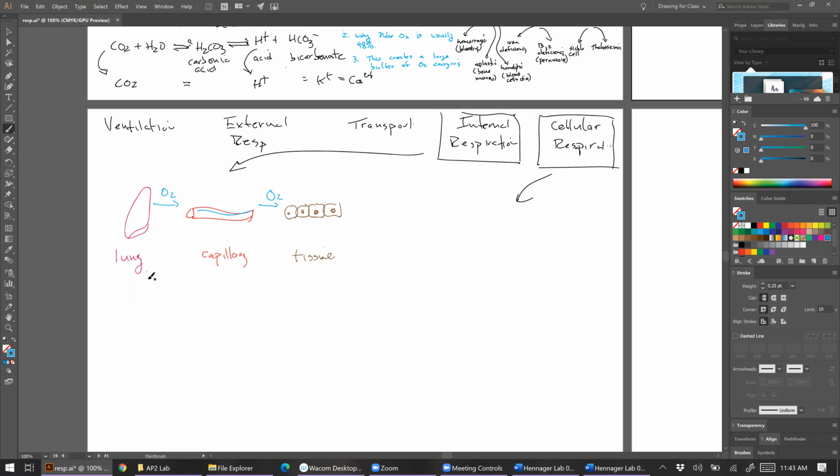We've already done this one, but again, students just get it confused sometimes because they think external means breathing out and internal means breathing in, but this is external. So from the lungs into the blood is external. And this is internal. So we're only drawing external just to show that it's different. And then CO2 is going to go this way.